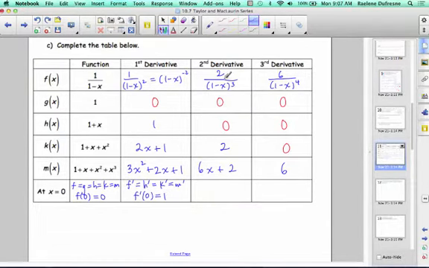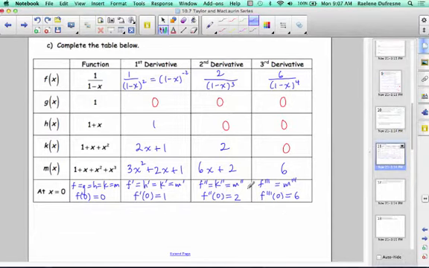And we see that f double prime, k double prime, and m double prime at 0 are all equal to 2. And lastly, we see that at x equal to 0, f triple prime and m triple prime are the same, and that value at 0 is equal to 6.